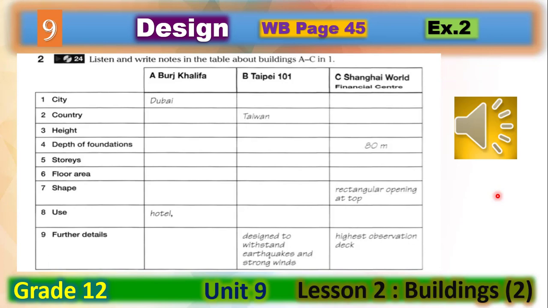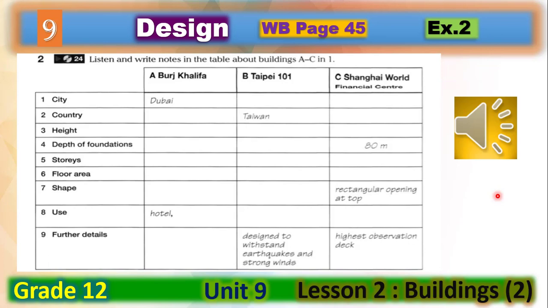It's 509 meters high, and the foundations go down 80 meters under the ground. That's because it's built in an earthquake zone. So it has to be very stable, both to withstand the earthquakes and also the very high winds that you get in this area.